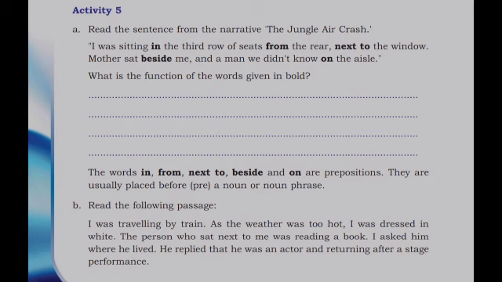Yes, it shows position. It shows the position of things or persons. Am I right, children? So the words in, from, next to, beside, and on are prepositions. They are usually placed before, that is pre, a noun or noun phrase. That's why they are called prepositions.